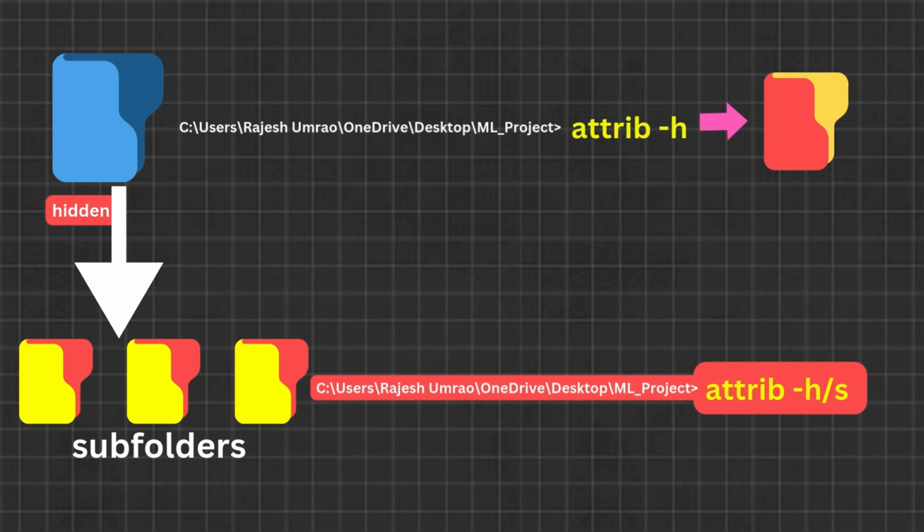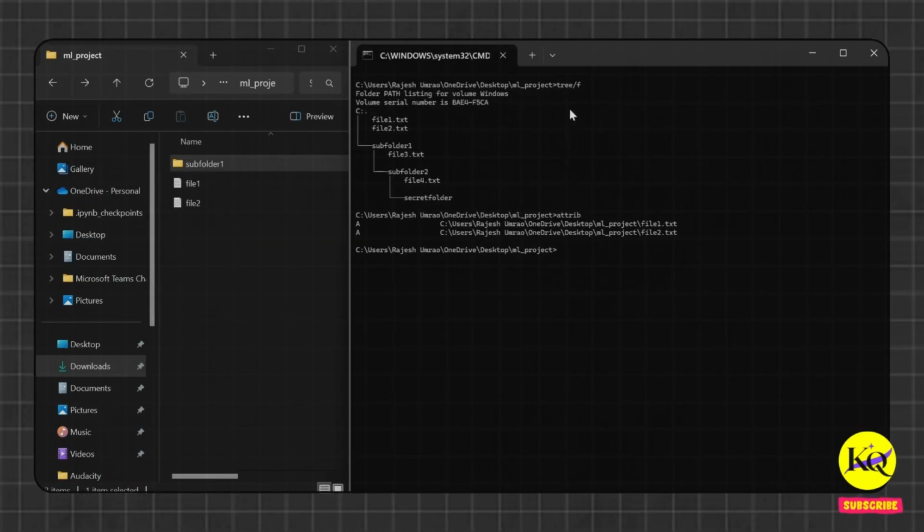So now without wasting time, let us jump to the CMD window and implement this whole concept. So guys, this is my current directory structure and the current attributes which are present in this directory. Now let us suppose I want to set these to read only. For that I have to write attrib +R and hit enter.